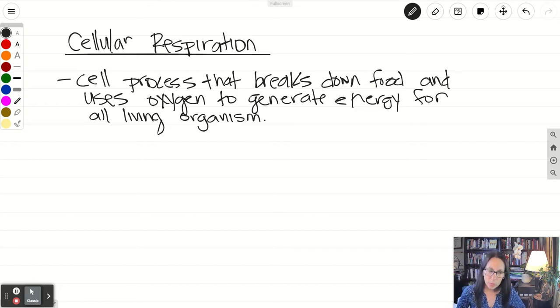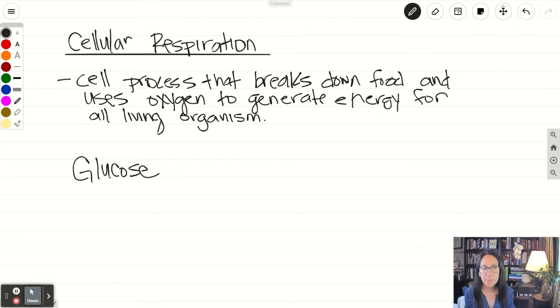What I'm going to do is break down this whole process into three steps. Before I do that, I'm going to give you a general formula. Usually when we teach this, we use glucose as the food source, but it can be other types of food sources.